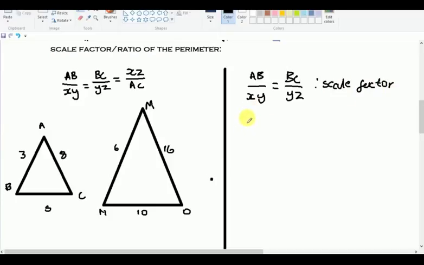Which is equal to 3 over XY. Oh, sorry, I forgot to change the letters here. We're supposed to change the letters since we are dealing with a different triangle. My apologies on that.